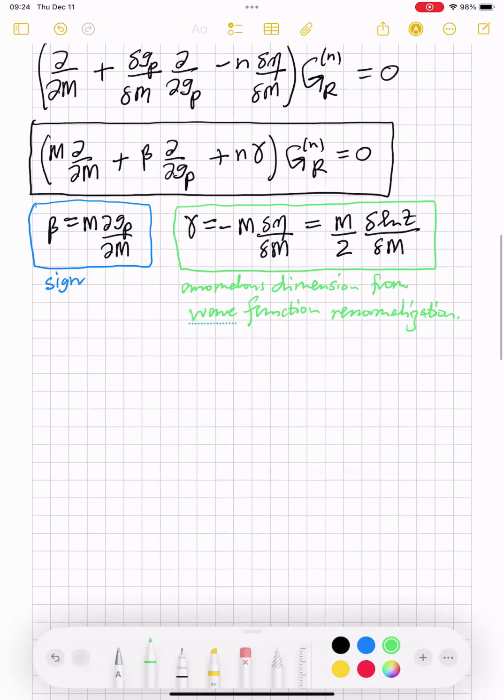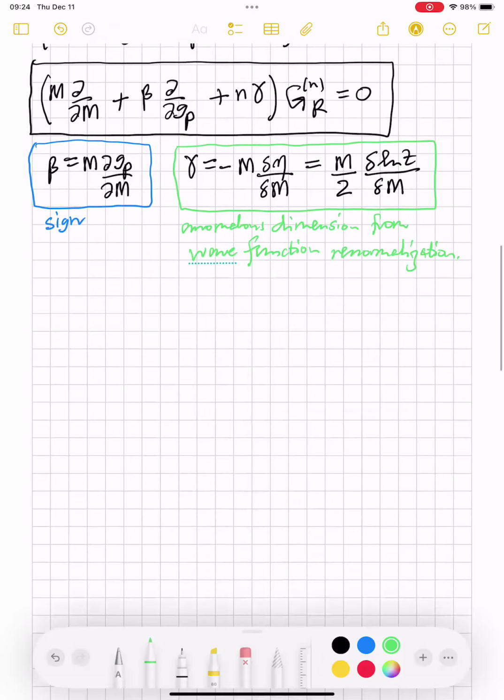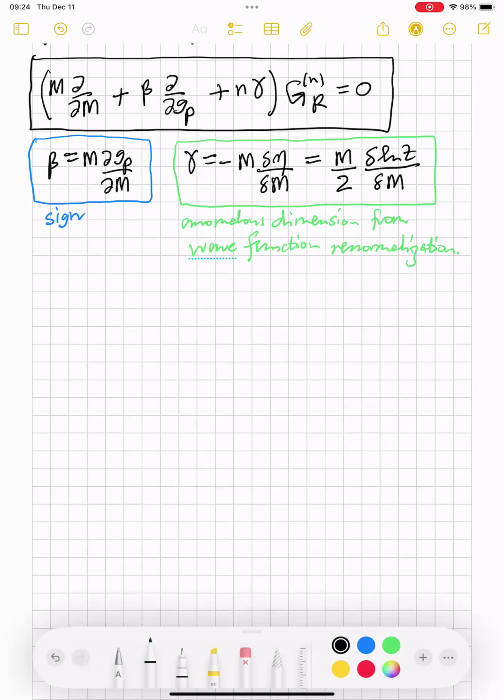Okay, good. So what we're going to do next, I want to tell you what is the solution to the Callan-Symanzik equation. Okay? We're not going to write it down in general. We're going to write it down for the two-point function. And the first thing that I'm going to do is give you a little exercise.